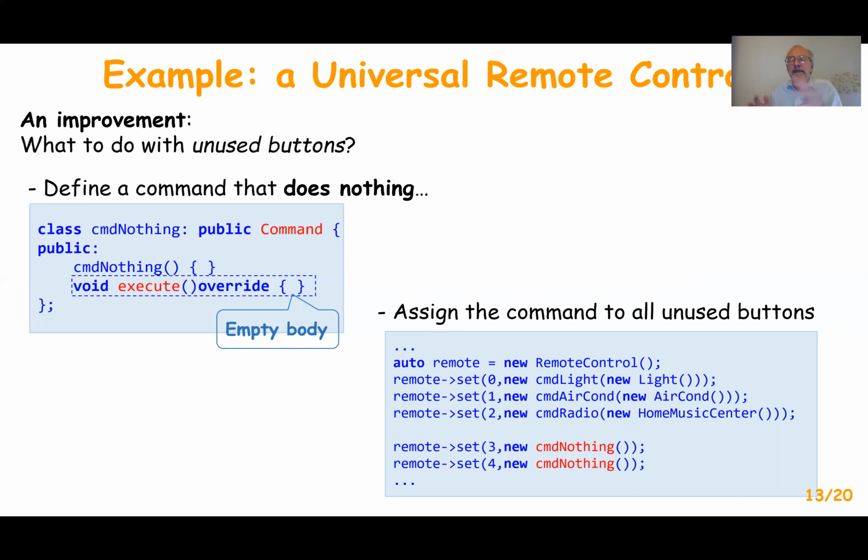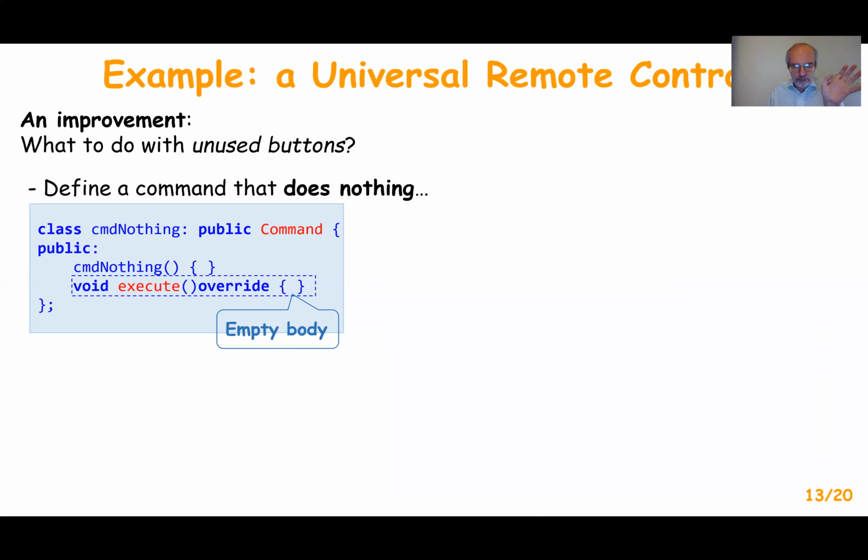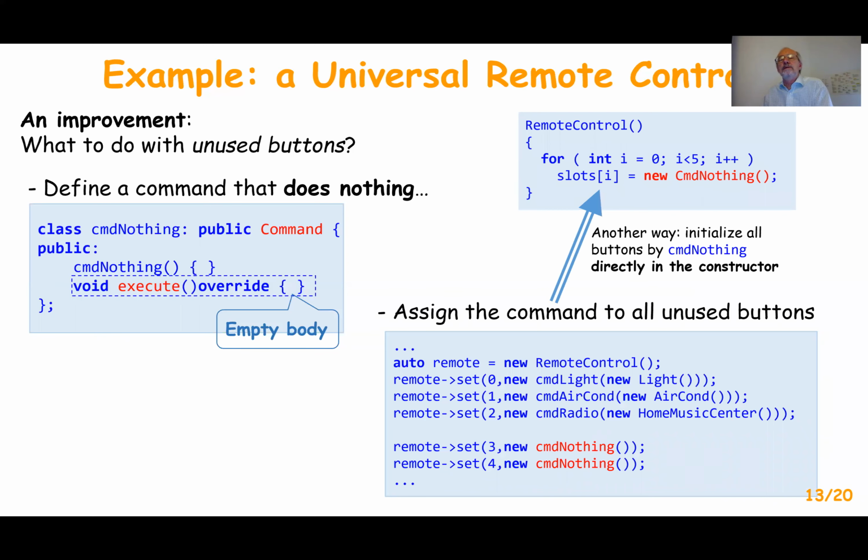Okay, that's completely clear, but we can make this solution a little bit more elegant. Namely, we can initialize buttons at the very beginning in the constructor. Look at the rest of the slide. Here is part of the remote control implementation.